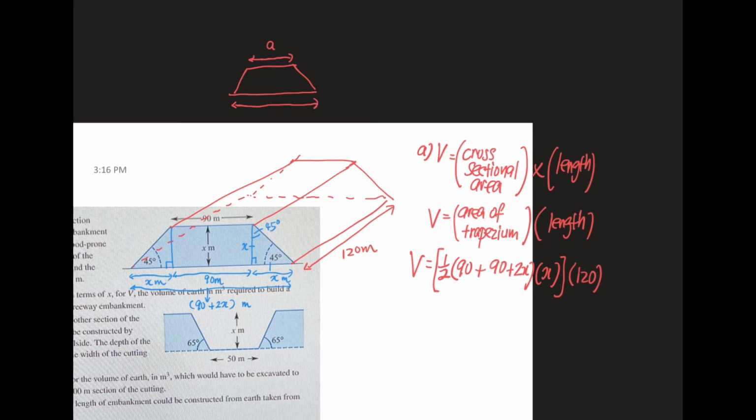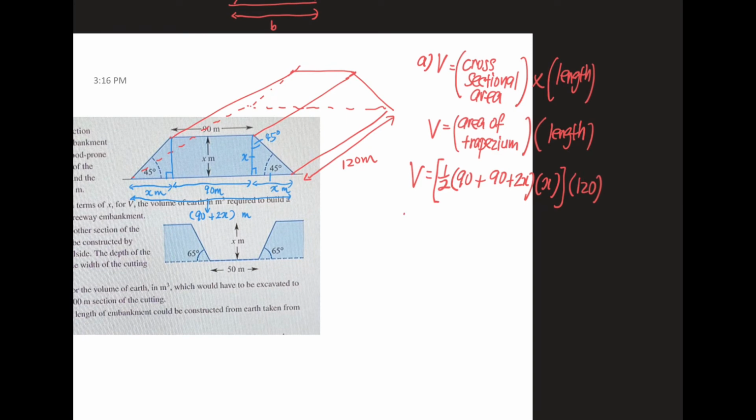Here to here is B, let's say, and here is the height. So the area of trapezium is basically 1 over 2 A plus B multiplied with the height. So it's actually this formula where I applied it over here. Okay, then multiply with 120 the length. Okay, now let's continue.